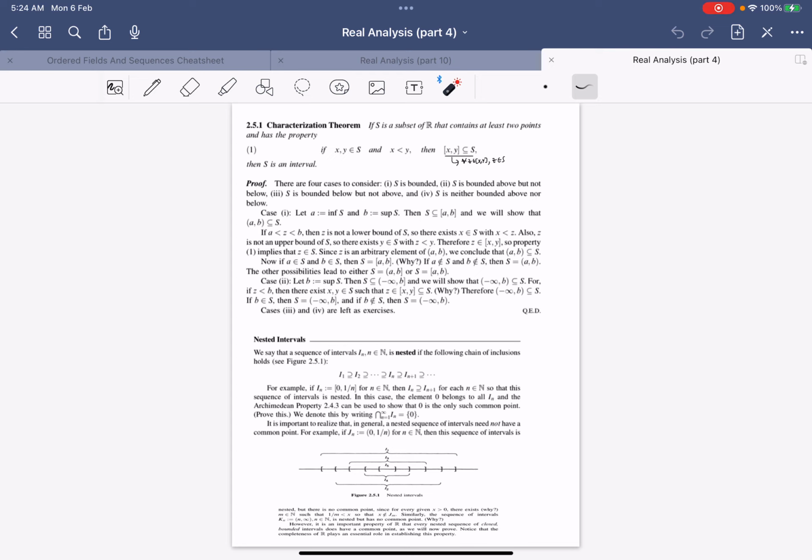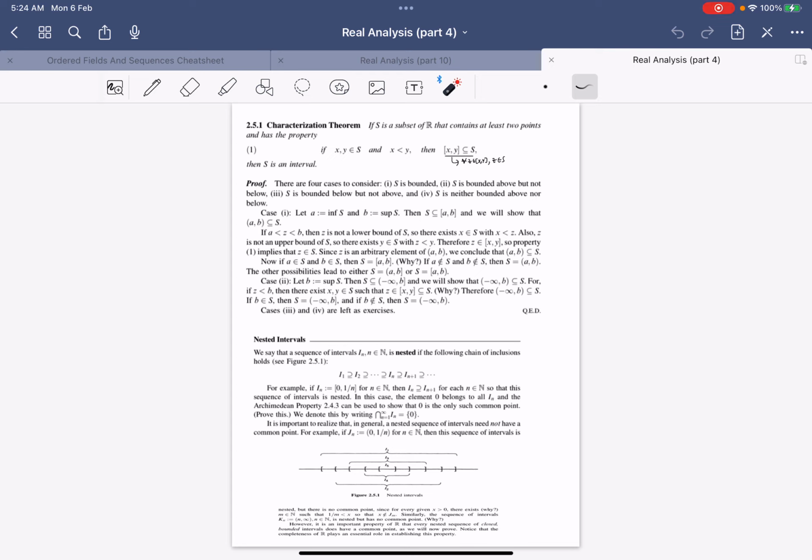What we want to show now is that the open interval A comma B will be a subset of S as well. For any Z in between A and B, Z will not be a lower bound by definition.